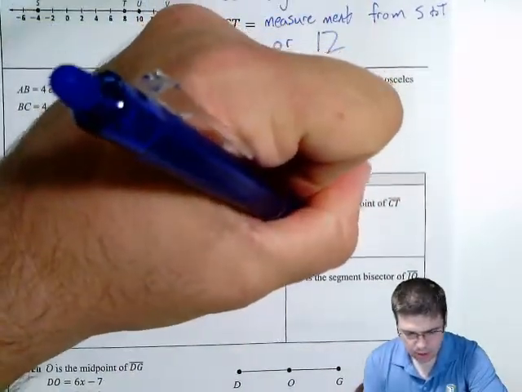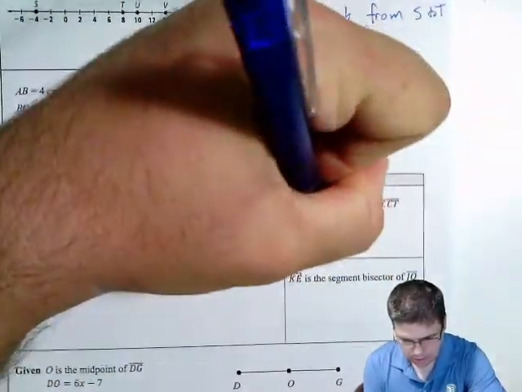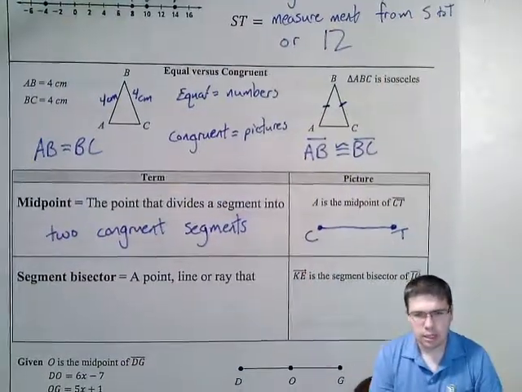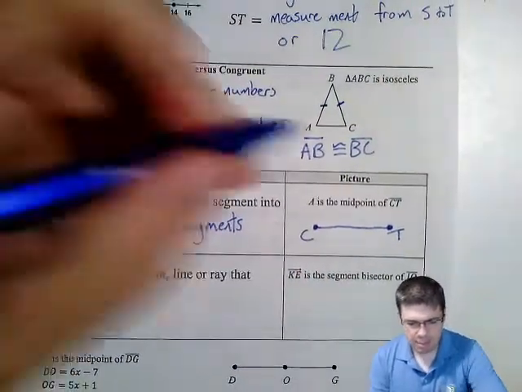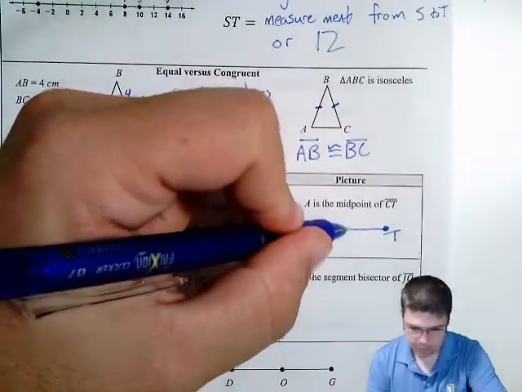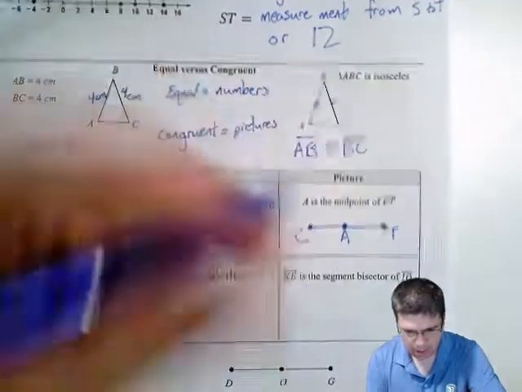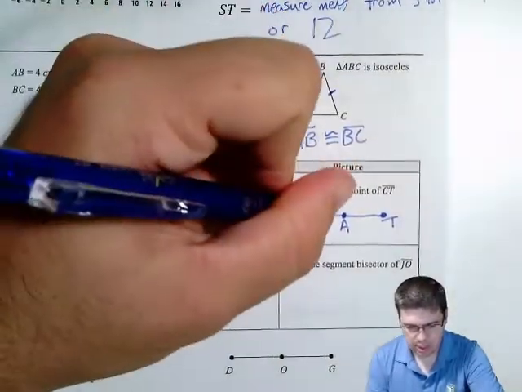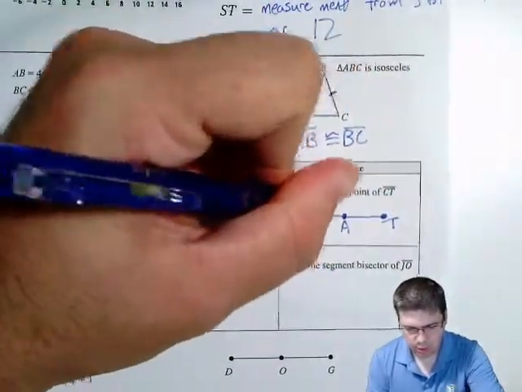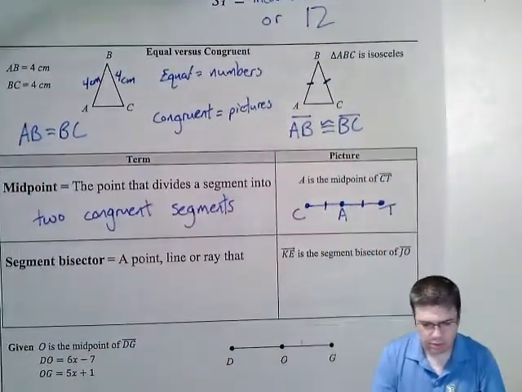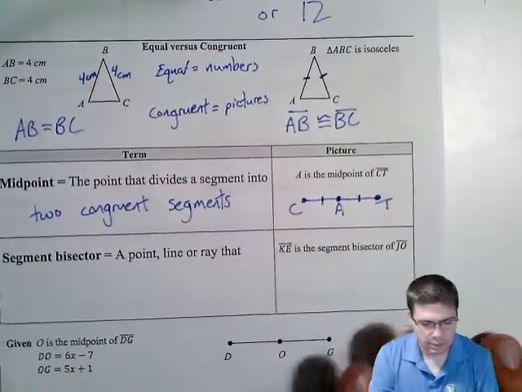Let me start with segment CT. If A is the midpoint of that, it would be halfway across, right? So right there, and that would be point A. And we would know that these two segments are congruent, which means they have equal length. That's what that midpoint definition is.